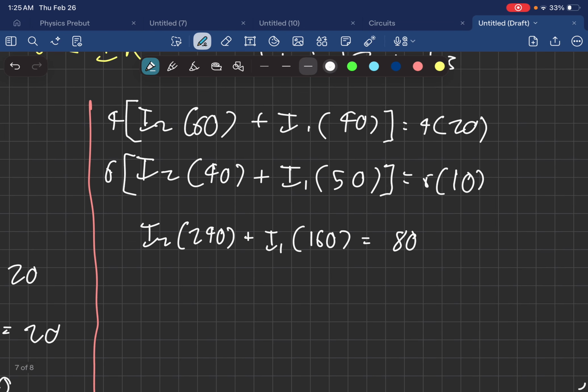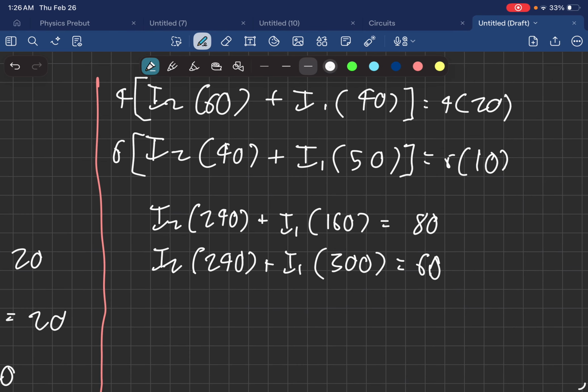And then here we have 6 times 40 is 240, as we said. 6 times 50 is 300. Is equal to 6 times 10, which is 60.